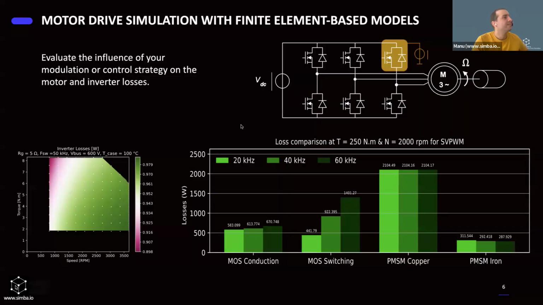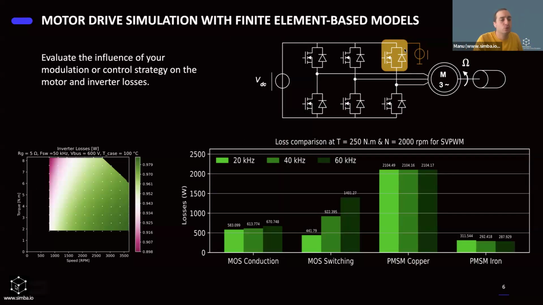That was the first main feature of Simba that I wanted to introduce. The second one is the capability of Simba to be used for motor drives simulation. Of course, that's the topic of today, and Guillaume will go into much more detail. But in this case, this is a simple PMSM with a three-phase inverter.